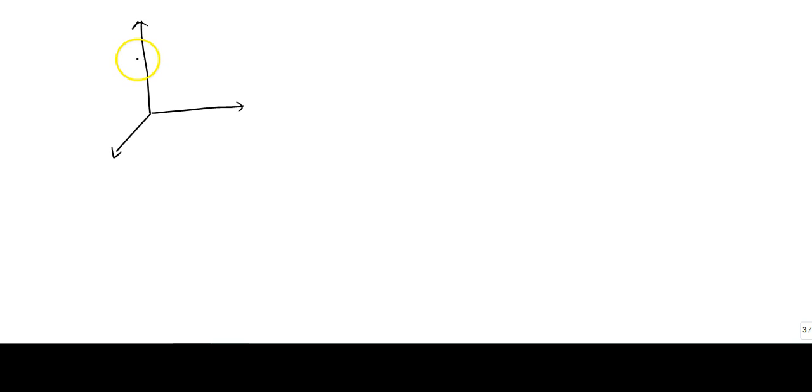So I'll just take 3 dimensions again, and then I'll create a plane over here. Now there are 3 points. As usual, I'm taking P as a point which is always there on the plane, with coordinates x, y, z.